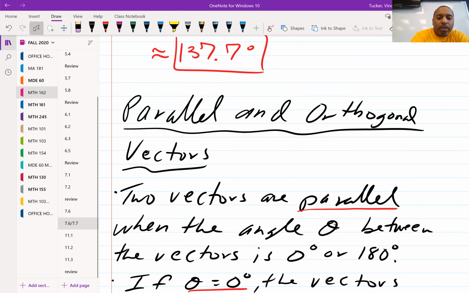Two vectors are parallel when the angle theta between the vectors is 0 degrees or 180 degrees.